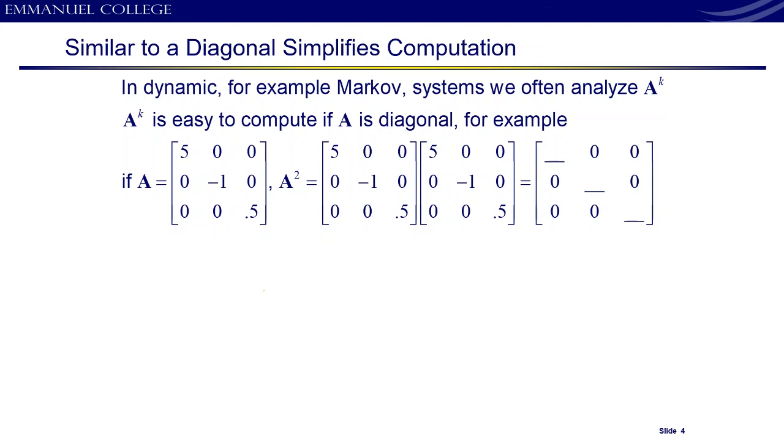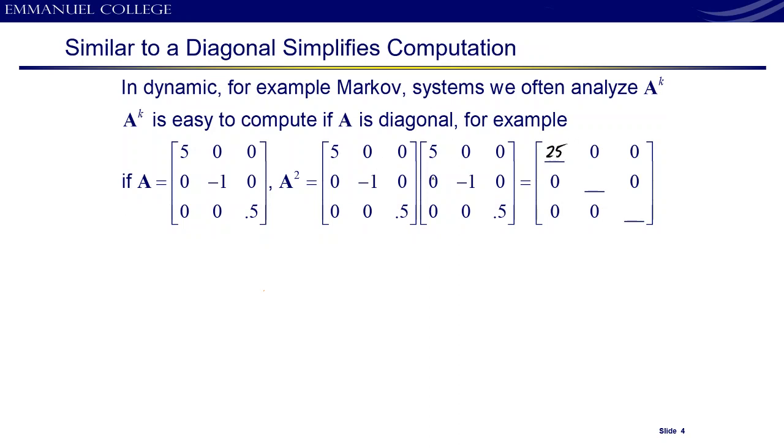Because if you multiply diagonal matrices together, and this is the key thing, you typically want to raise a matrix to a certain power. If you raise it to the third power, you're doing the matrix A times A times A. That is quite a lot of computations to go through. But notice, if you're in a diagonal system, then when I multiply row 1 by column 1, that's 5 times 5, which is 25.